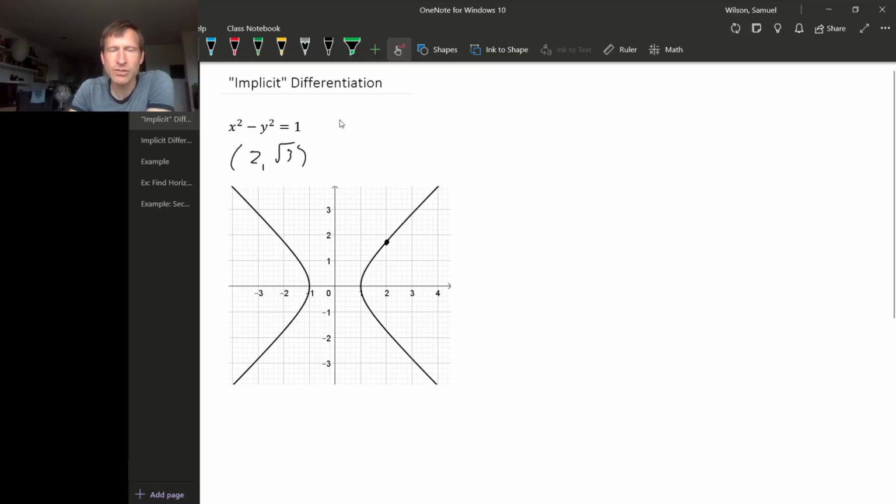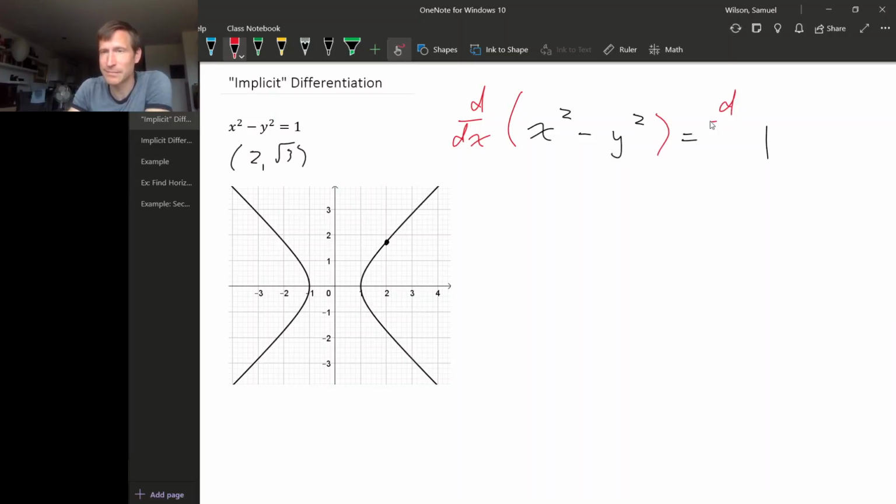All right, so we're going to take this equation and hit both sides with the derivative with respect to x, like this. Now, as we do this, we have to be really careful because this y right here, remember, we're treating like a function of x.